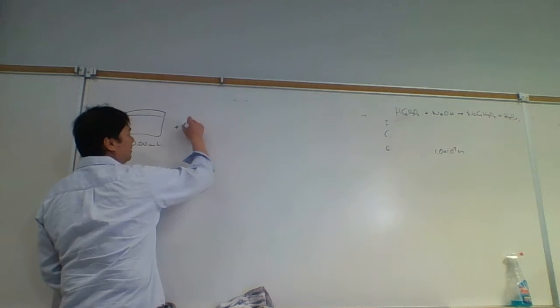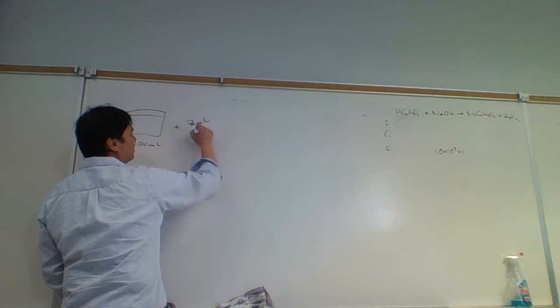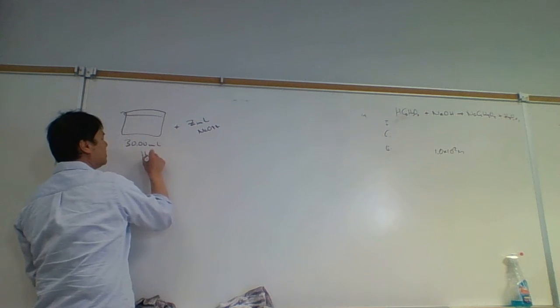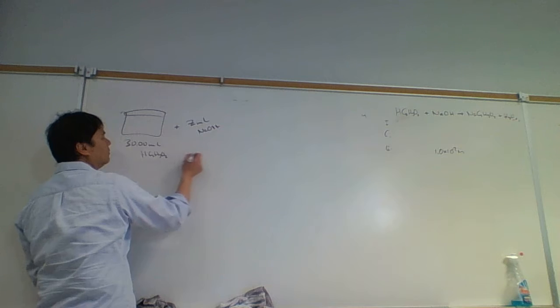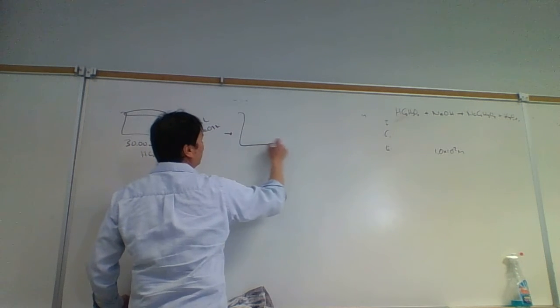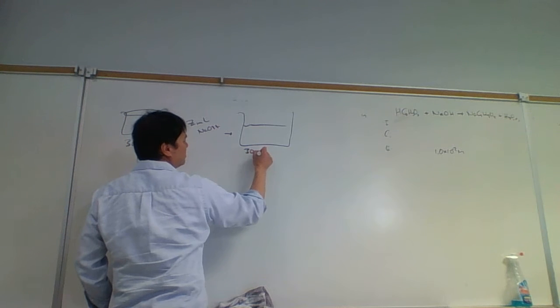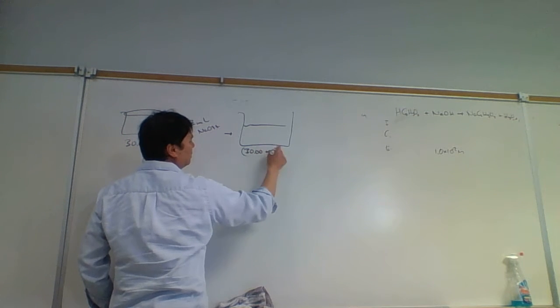I don't know, so I'm going to call it Z milliliters of sodium hydroxide. And this is going to be my acetic acid here. And so this is going to give me a total of 30.00 plus Z milliliters.